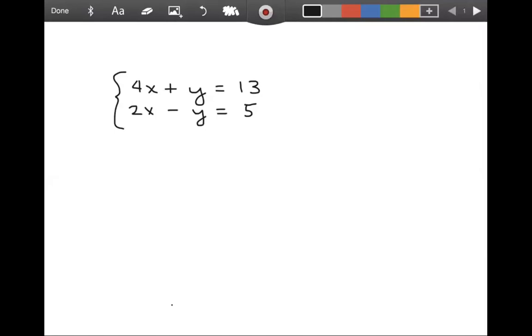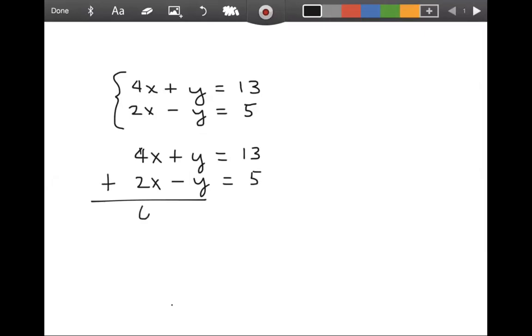Now this one happens to be very easy because notice that in the first equation you have a plus y, and in the second equation you have a minus y. That's not going to happen very often, so I'm going to appreciate it when it does. Since those two terms are opposite, what I can do is just add the left sides of these equations together. 4x plus 2x is 6x.